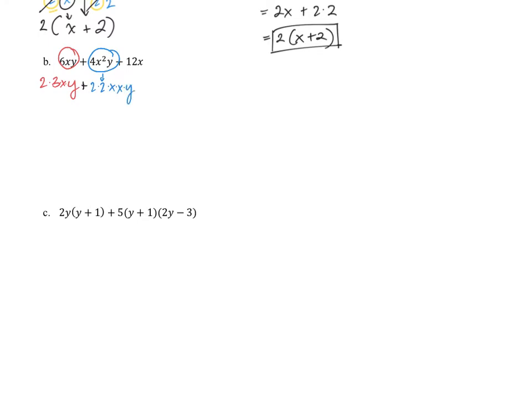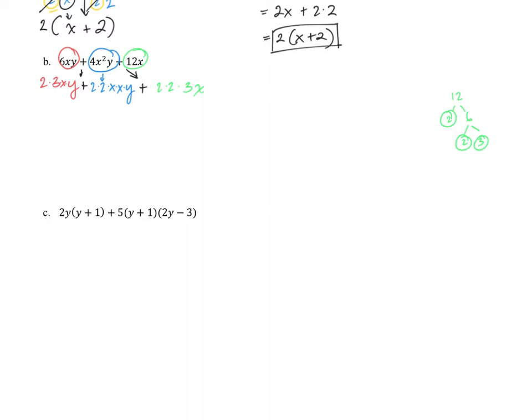I'll bring down the plus signs. And the last one, 12x, can be simplified: 12 is 2 times 6, but the 6 can be simplified into 2 times 3. And then the x.